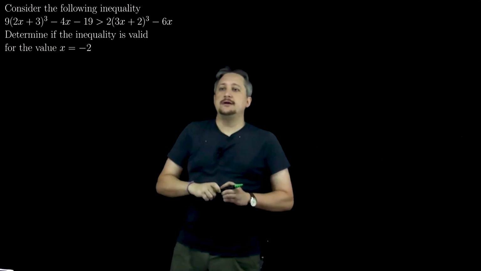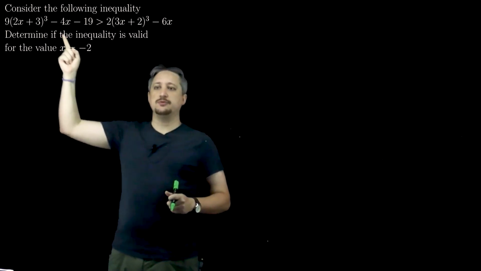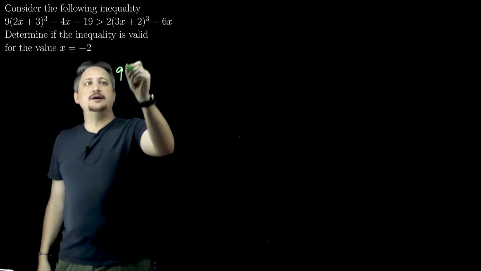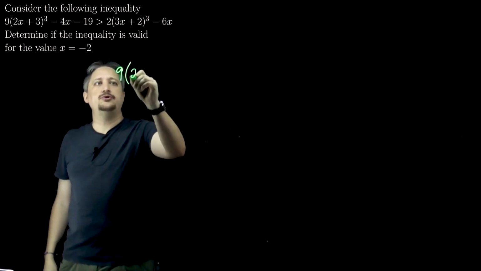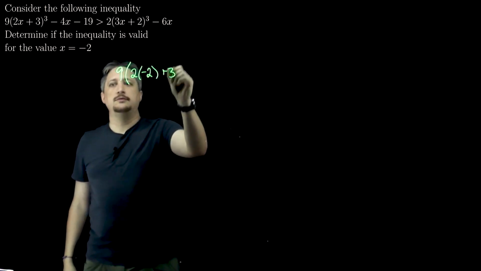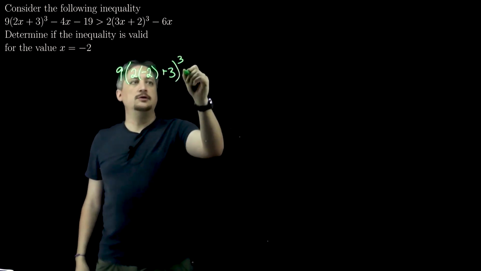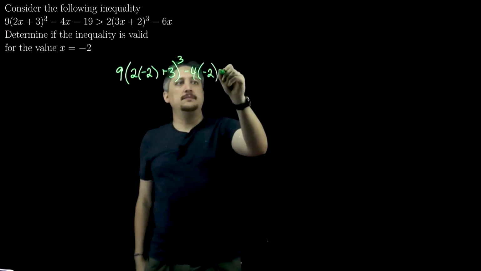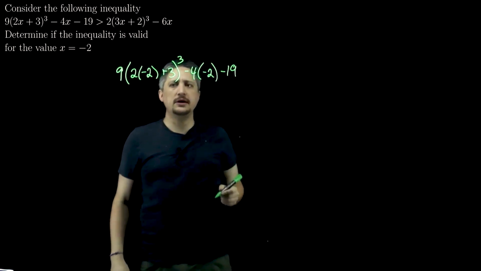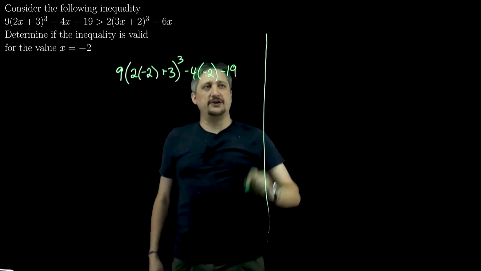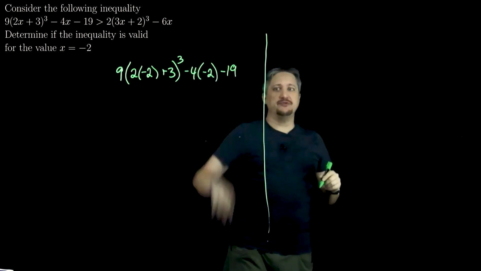All right. So -2. I'm going to plug that in for all the x's. So we have 9 times (2 times -2 plus 3) all cubed minus 4 times 9 times -2 minus 19. And I want to know if that's greater than this other thing. So again, I could do the greater than with a question mark or just 2 different computations.